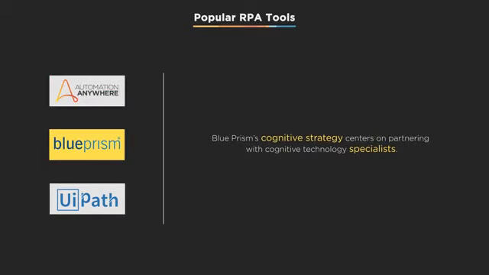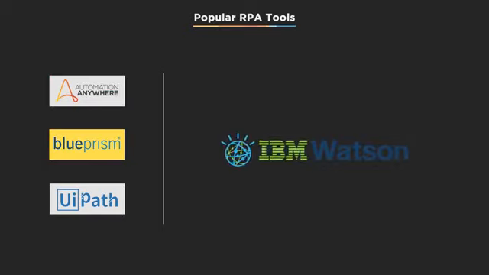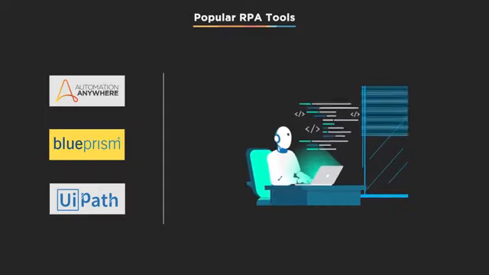Blue Prism's cognitive strategy centers on partnering with cognitive technology specialists. The company has proclaimed a partnership with IBM Watson with the goal of integration of cognitive technologies into process flows. They offer intelligence, connectivity, and ease of usage to digital personnel integrated with technologies like artificial intelligence, machine learning, and sentiment analysis.